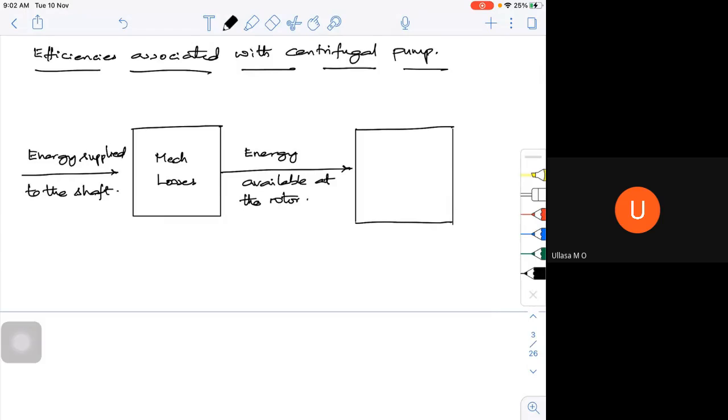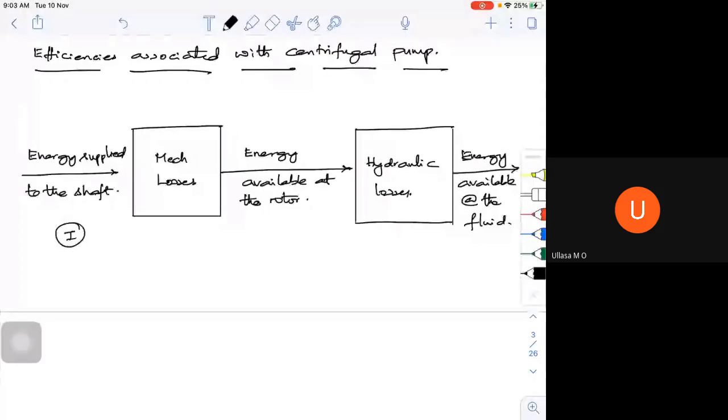I call that hydraulic losses. So at the end, we have the energy available at the fluid, that is the energy that is transferred to the fluid. Let me call this as 1, this as 2, and this as 3.